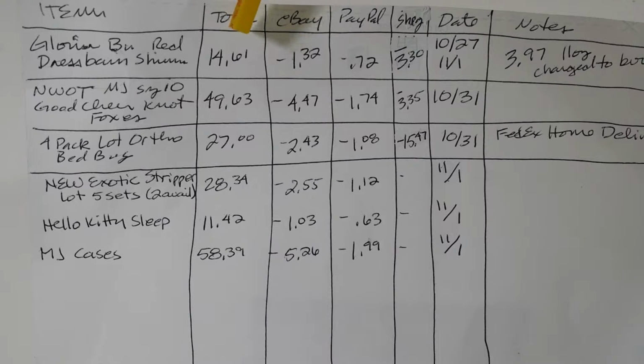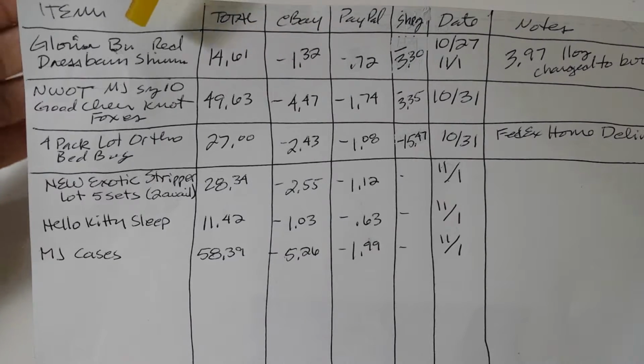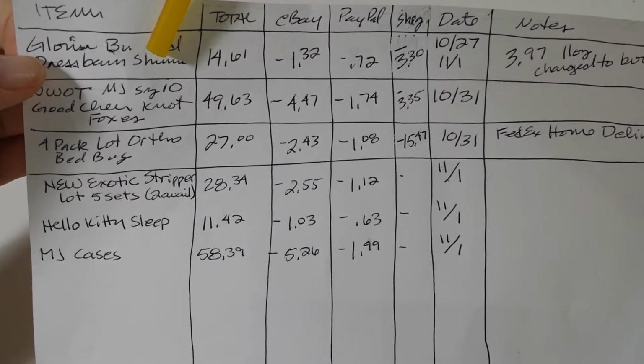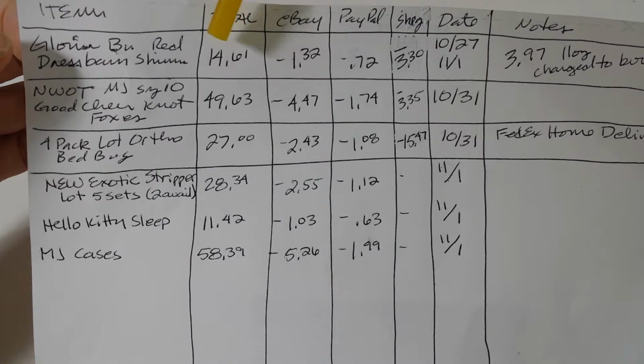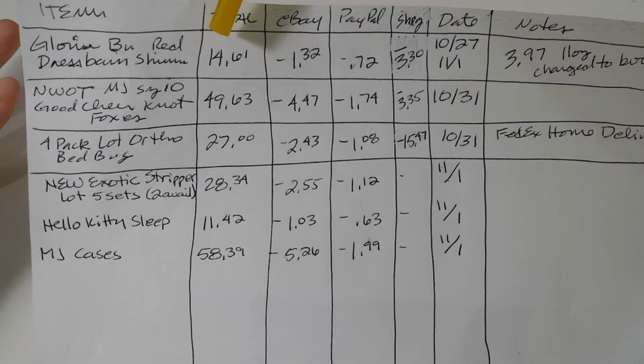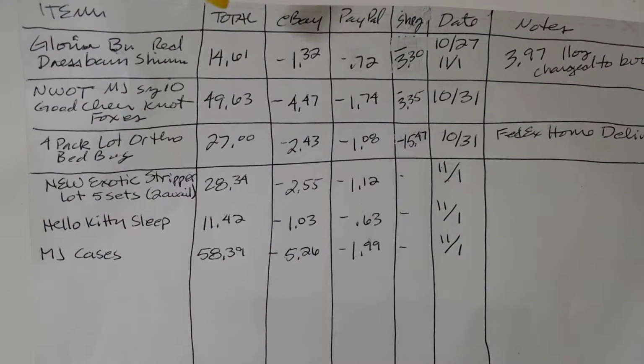So if you ever get audited or need to go back and figure out what was going on with your numbers, the total amount of the PayPal transaction for this Dress Barn item was $14.61. So it just makes it easier.